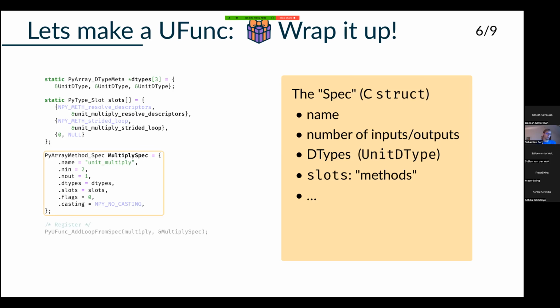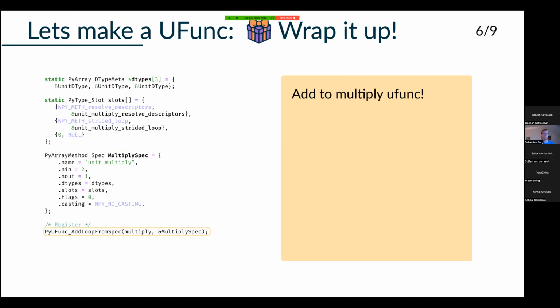So the flags are a way to tell NumPy a little bit about how the UFunc works and also what your array method supports. In this case, it's fine to just not pass anything, so to leave it 0. And casting finally, which is important for some casts, but not very important for us, and just has NPY no casting. Finally, we have to tell NumPy about it for real.